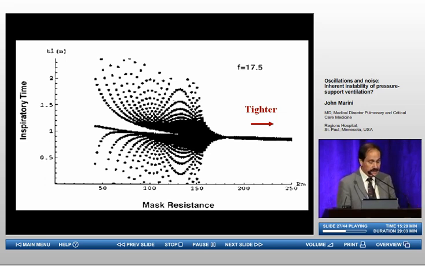When you get a leak, not only do you have to compensate for the leak, but guess what? The ventilator is going to have a hard time to do so. By the model, when the mask resistance falls so that there's a substantial leak, then you get chaotic behavior in terms of inspiratory time. Periodic and then chaotic behavior.